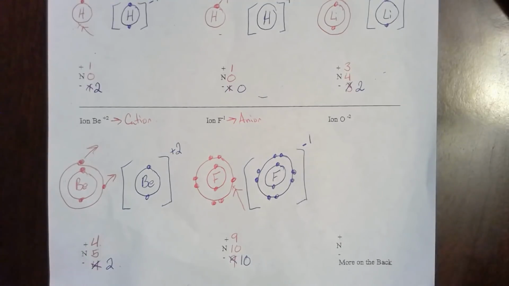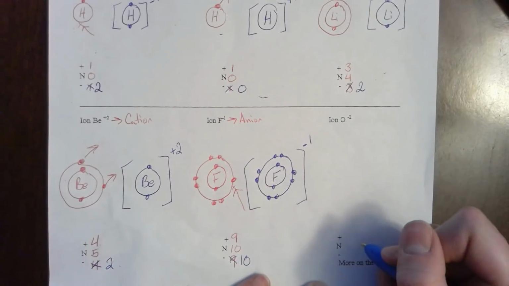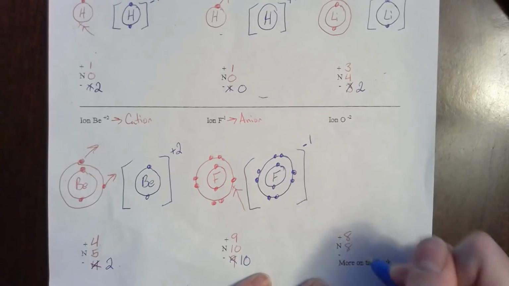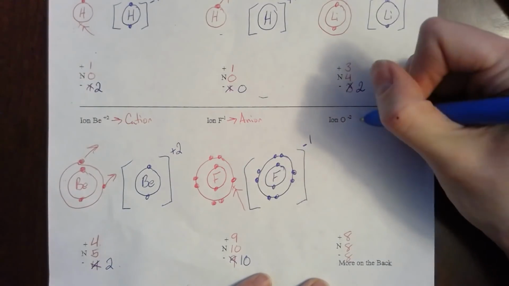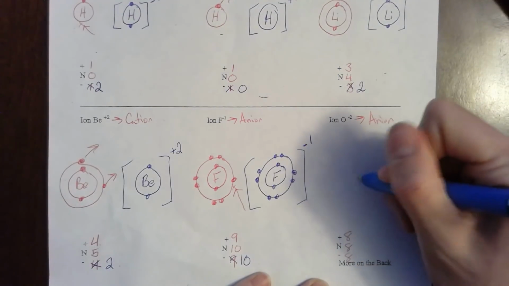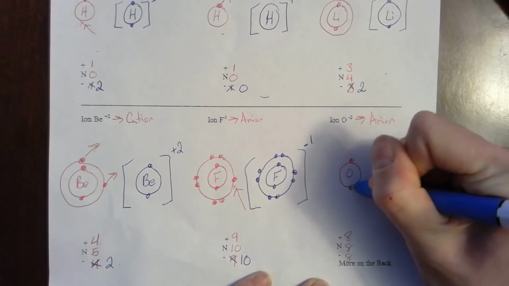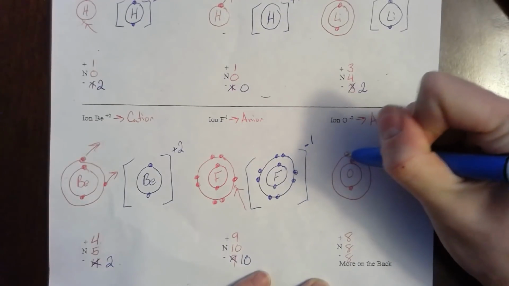Okay, last one is oxygen. Oxygen has the atomic number 8. It's going to have 8 protons, 8 neutrons, and 8 electrons. It has a -2 charge and is a nonmetal, so it'll form an anion. When I draw my oxygen, it'll have 2 electrons in the first orbital and 6 electrons in the second orbital.